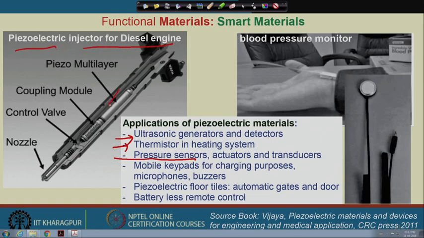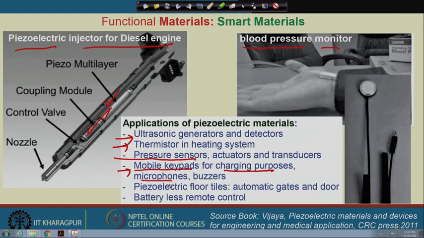What we do here is give some electric pulse and this moves up and down and injects the fuel into the engine. Or maybe we can use it as a sensor in a blood pressure monitoring system. Also, we can use it in mobile keypads for charging purposes, because when we use the keypad, we give mechanical stress, and that extra energy can be used for battery charging.